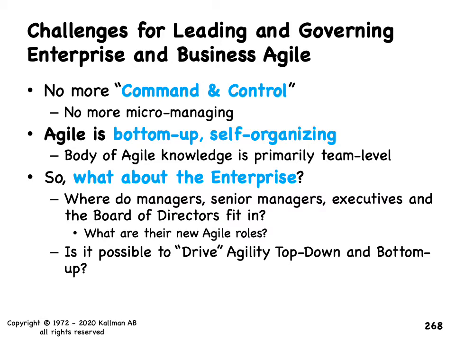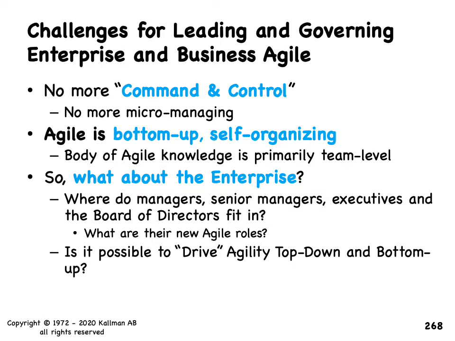It's not in their DNA. It's not in who they are. And if you're a company that's making products that put people's lives at risk, you might have to make some sacrifices, trade-offs, and compromises in order to mitigate the command and control and get the benefit that you're trying to achieve with Agile.